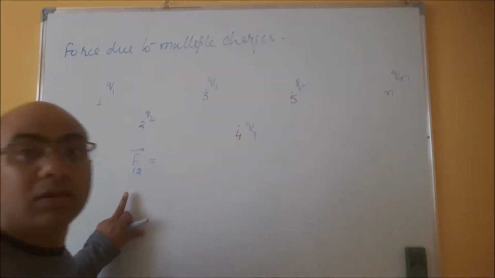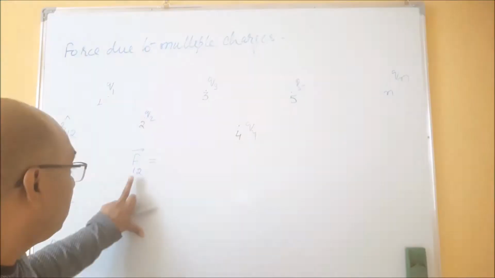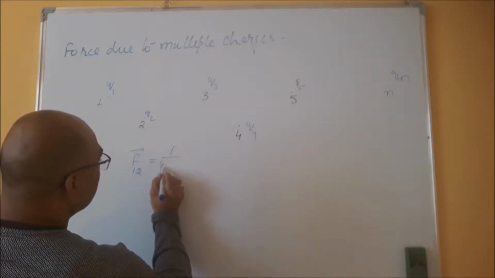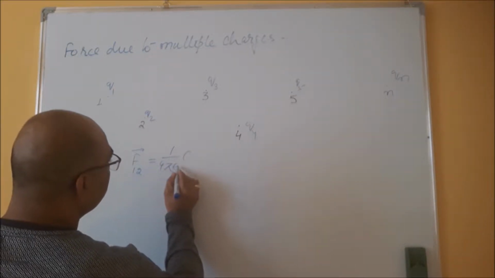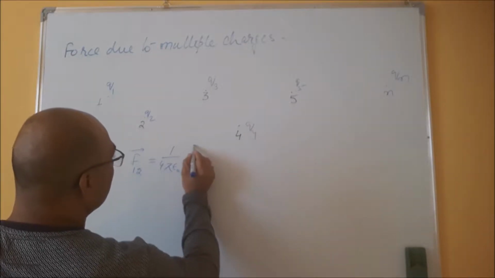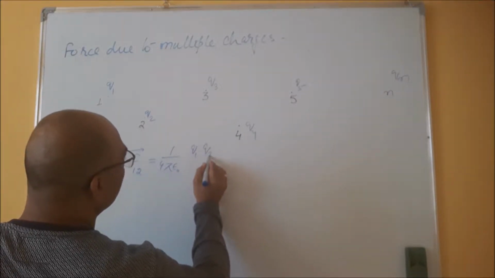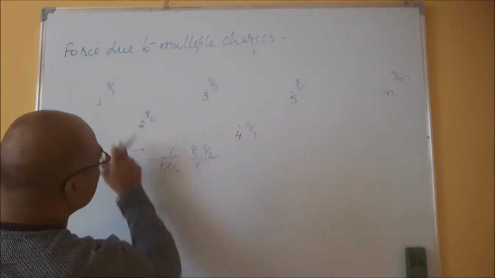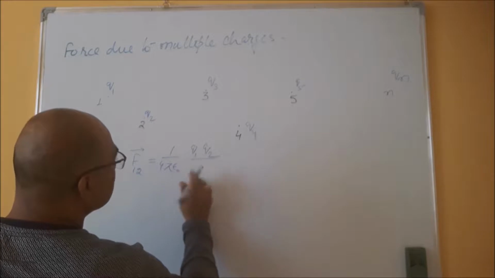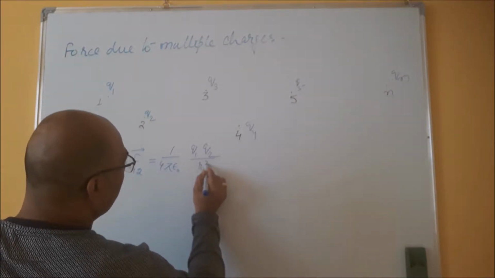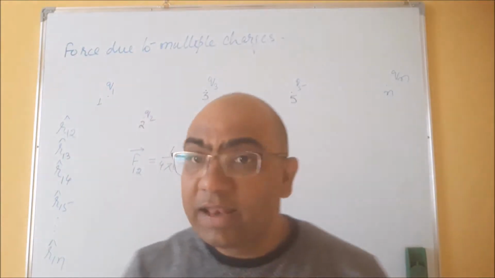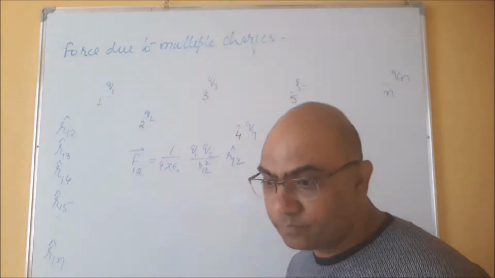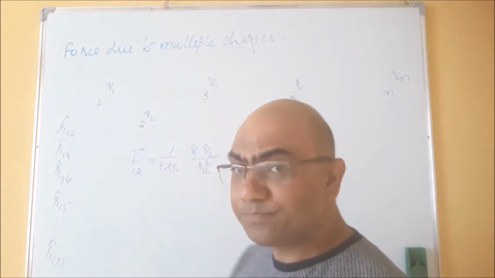So this is the force on 1 due to 2, and its value will be 1 upon 4 pi epsilon naught, q1 into q2 upon the distance between these two, r12 square, and for the direction, r12 cap. This is okay, right?